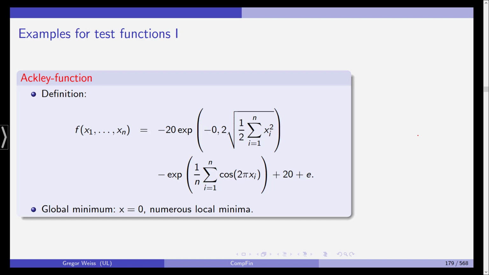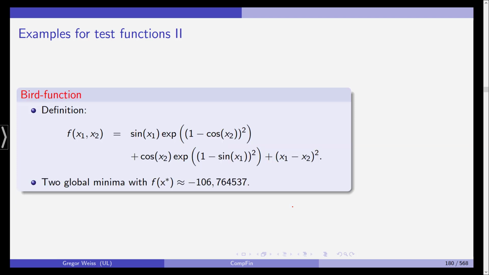For example, the Ackley function, n-dimensional. It's not too complicated, it's a little bit tricky. We have the exponential function here, we have pi and cosine. It has a global minimum at 0 and numerous local minima. The Bird function is also not too complicated in 2 dimensions: sine, exponential function, and so on.